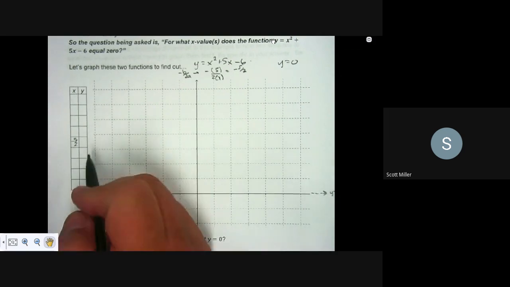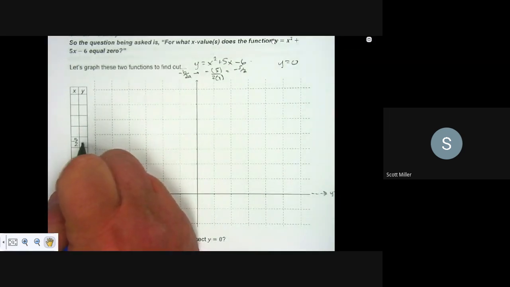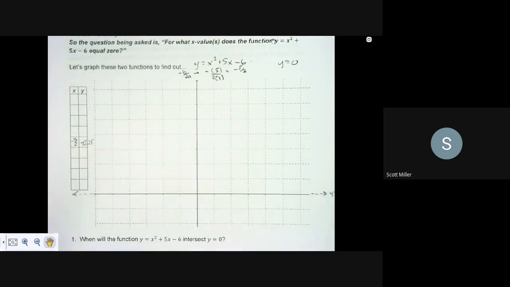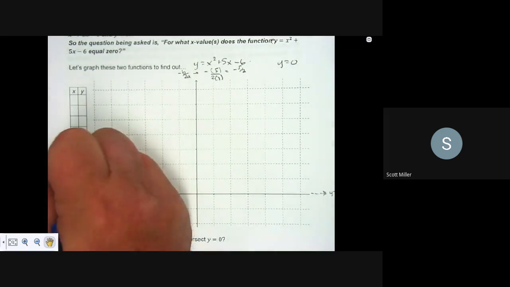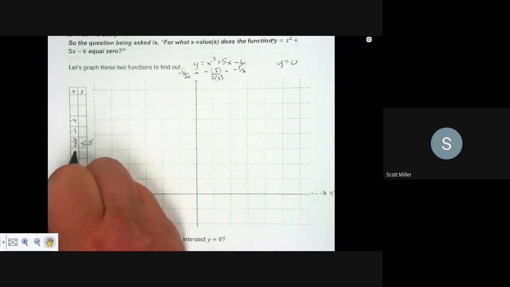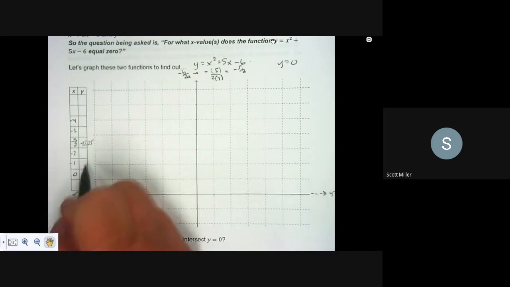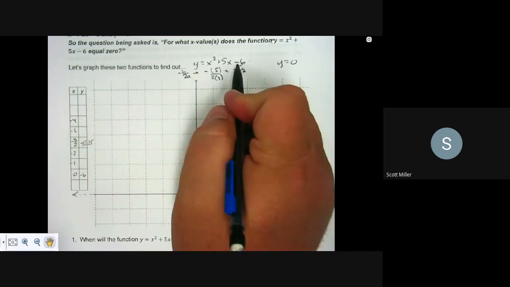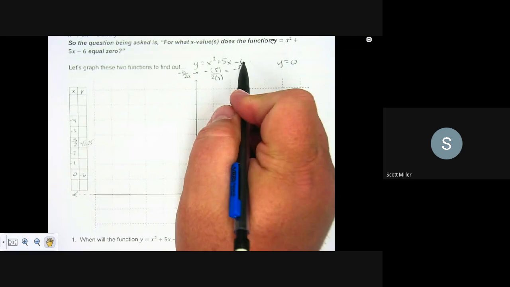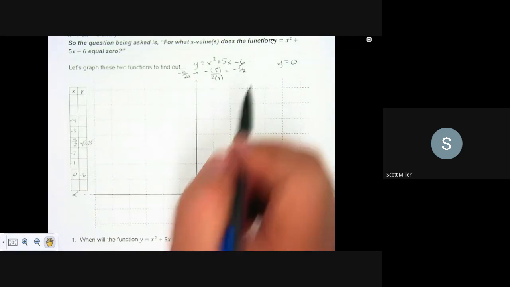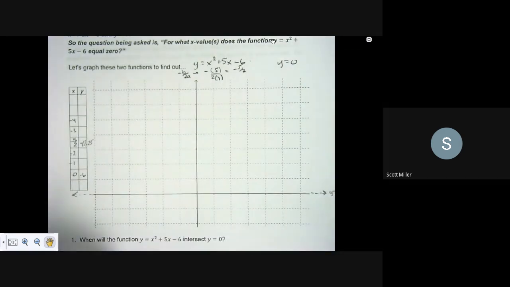So at negative 2.5, we have negative 12.25. And so we want two numbers above and two numbers below. So this is negative 2.5, so we're going to go negative 3 and negative 4. And then this will be negative 2, negative 1, and we'll do 0 because I already know at 0 it's negative 6.